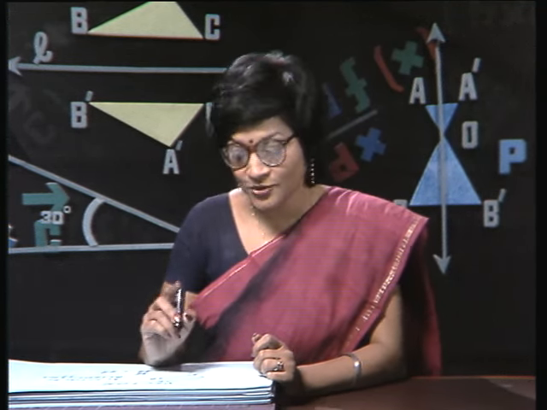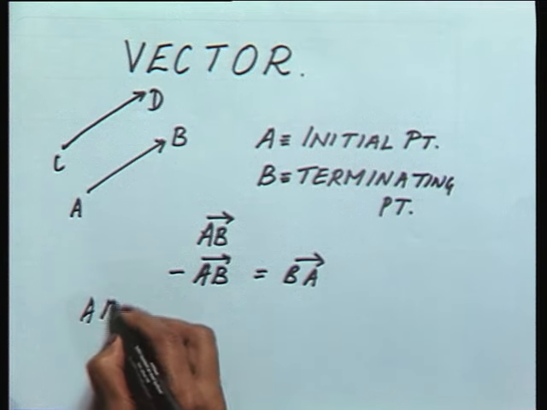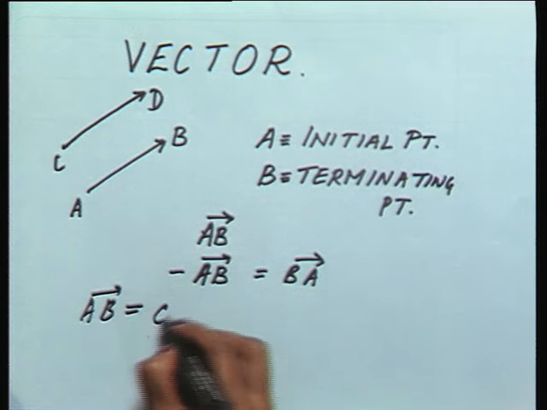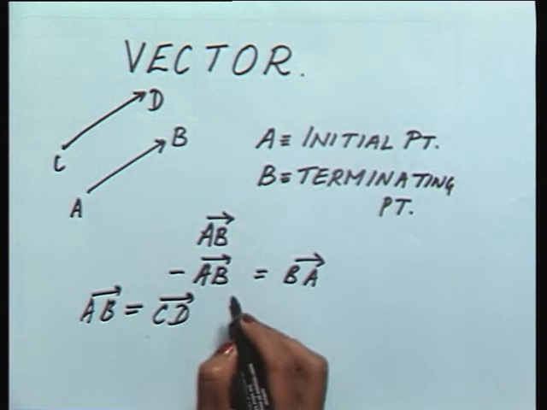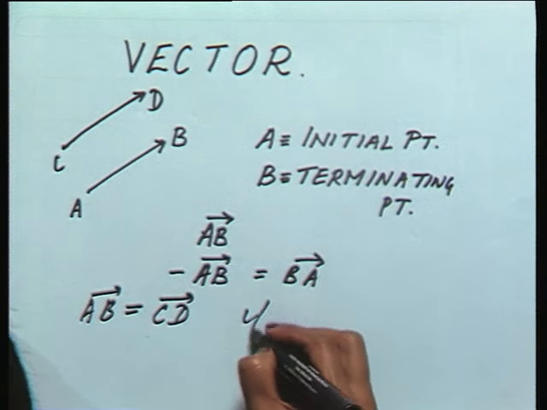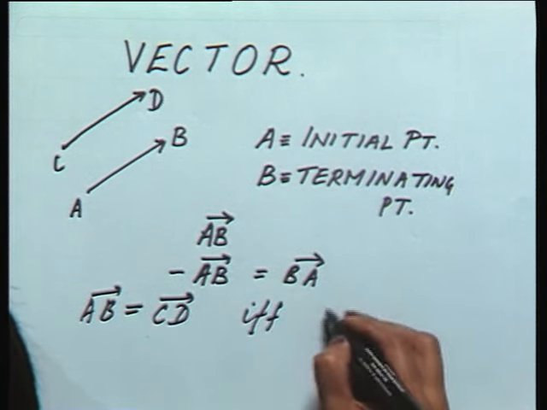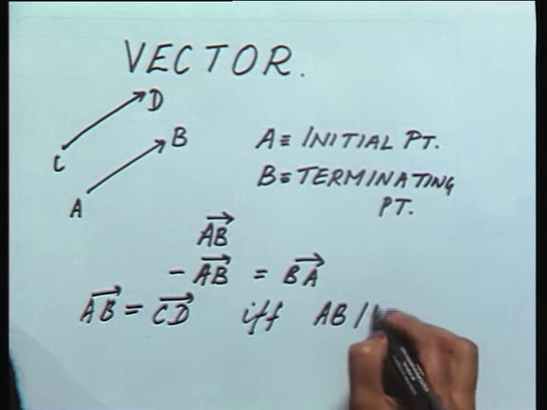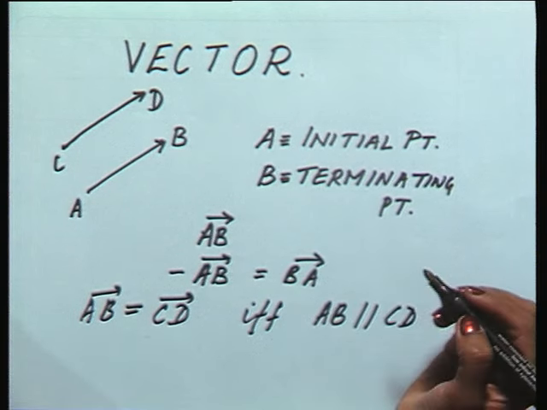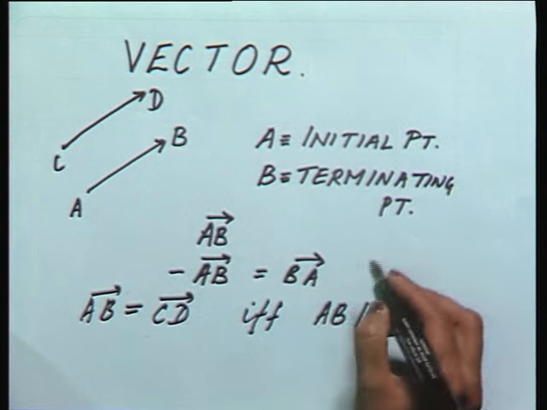We define two vectors AB and CD to be equal to each other if and only if they are parallel and equal in length.